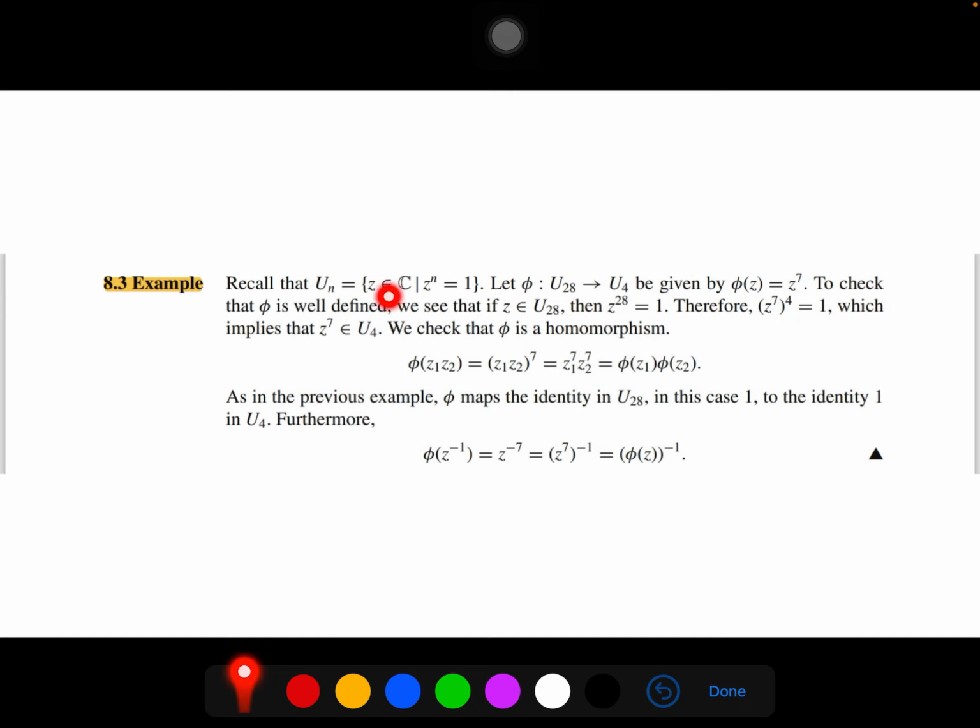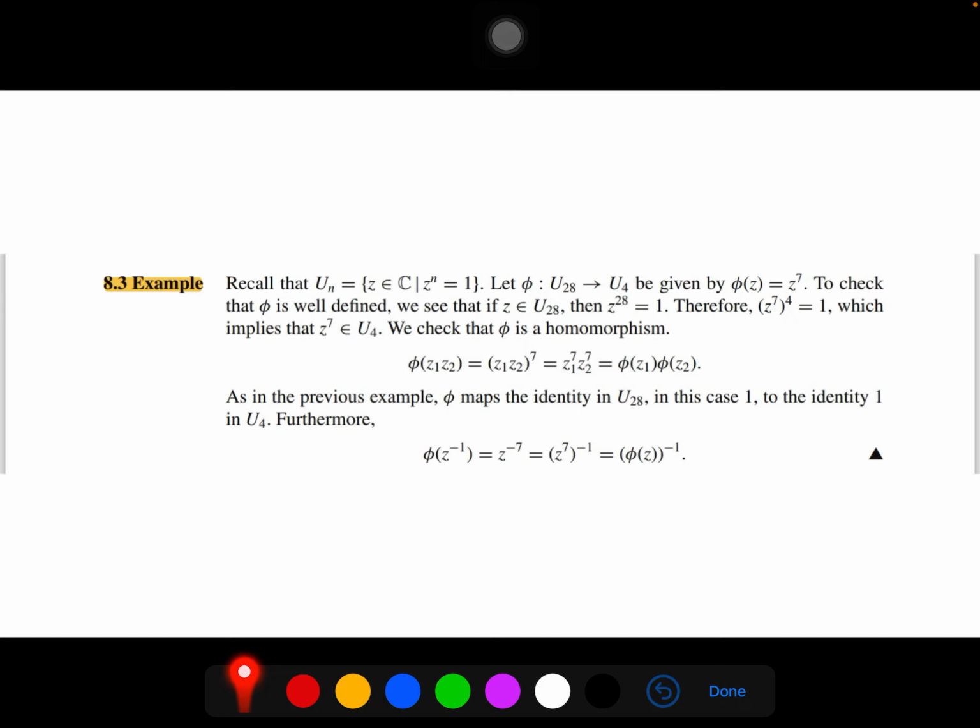That is the definition of the nth root of unity. And then therefore, you can also state it as z to the power of 7, to the power of 4, which is also equal to 1. So this implies that z to the power of 7 is in the fourth root of unity.